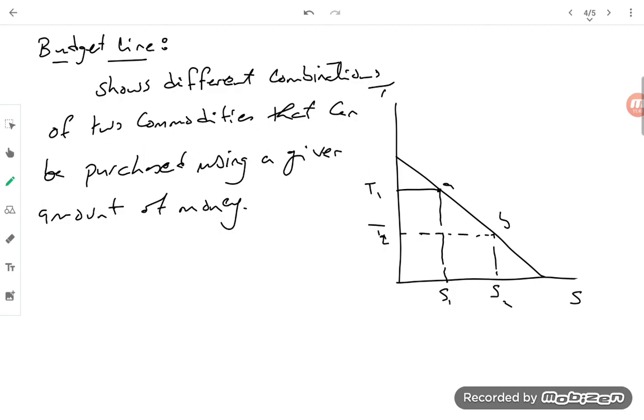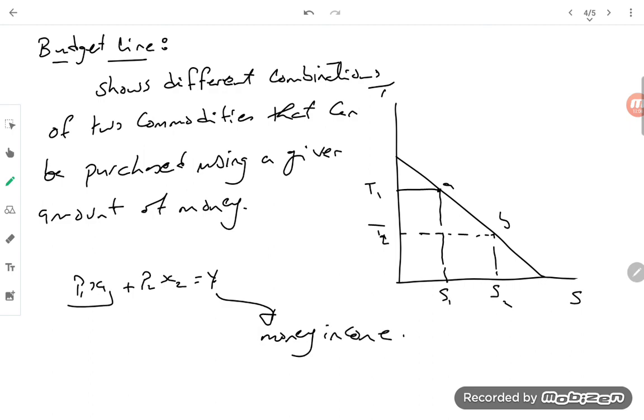So we can write the budget line equation as P1x1 plus P2x2 equals Y, where Y stands for money income, P1x1 is spending on x1, and P2x2 is spending on x2.